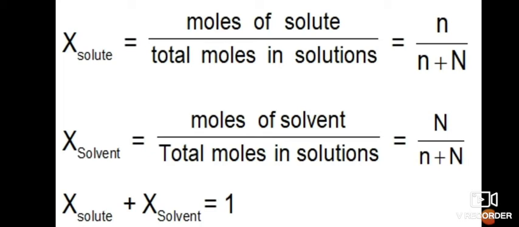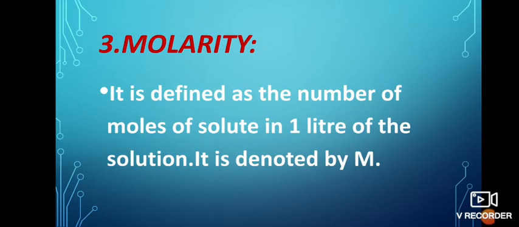Now mole fraction of solvent is equal to moles of solvent upon total moles in solution. The sum of mole fractions is always equal to 1. That means mole fraction of solute plus mole fraction of solvent is equal to 1.